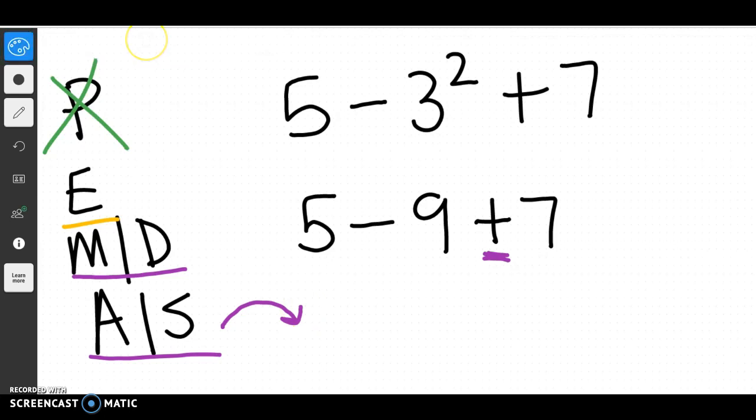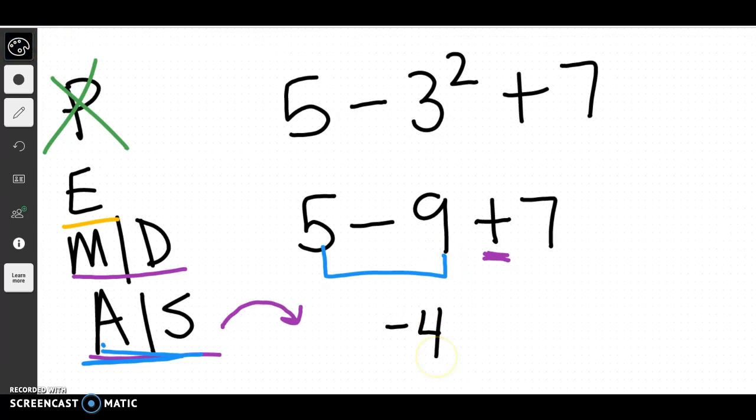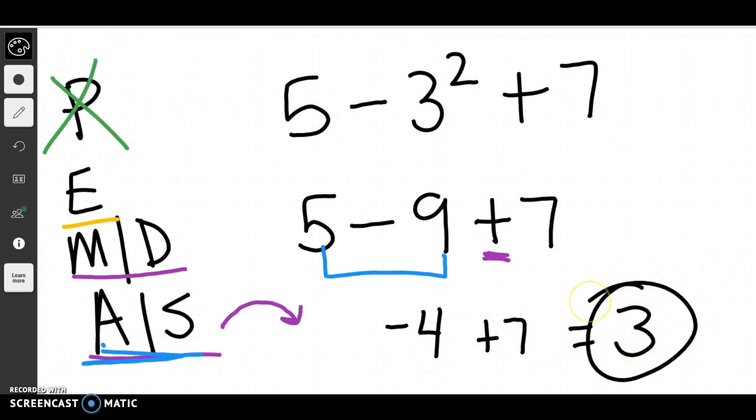So for this problem, because addition and subtraction are on the same level, we will do the leftmost operation first, which would be 5 minus 9, which is negative 4. Then we'll add 7, which will give us 3 for our final answer.